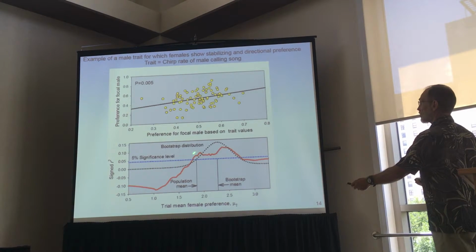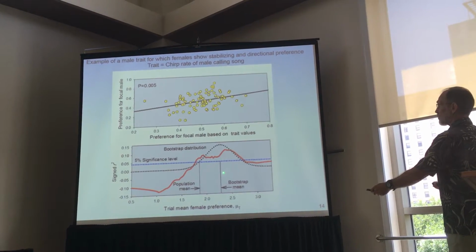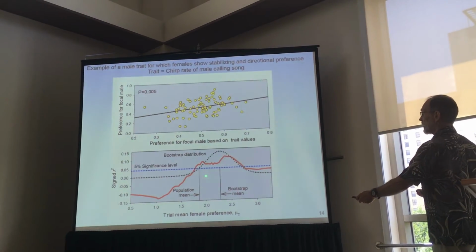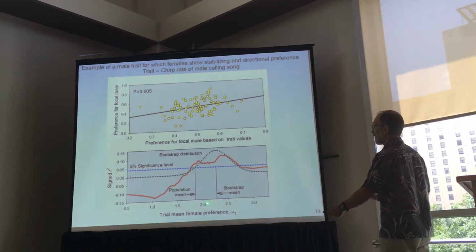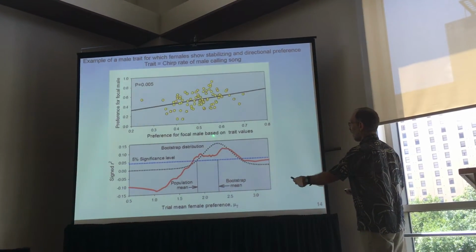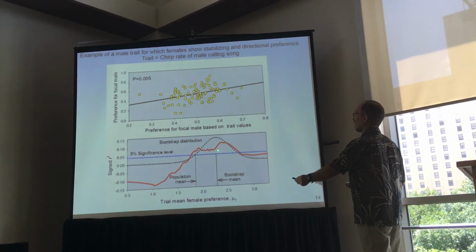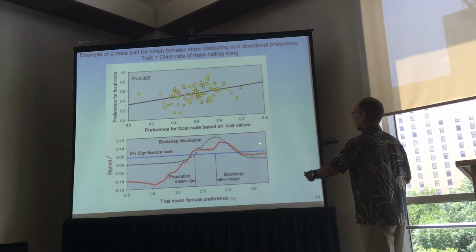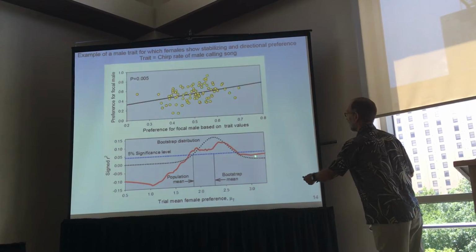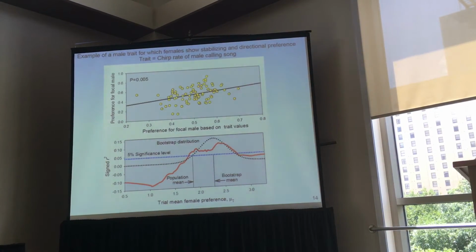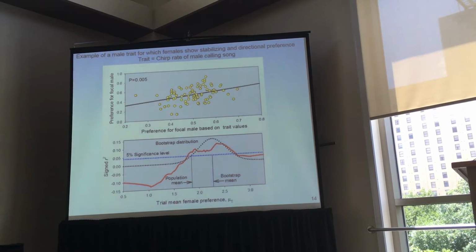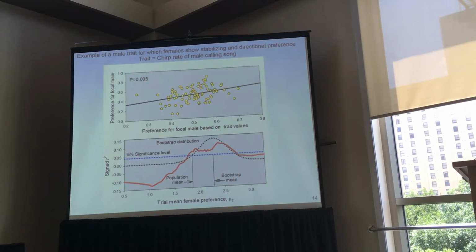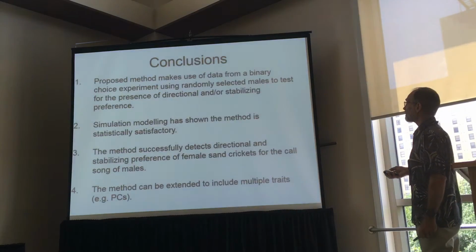This shows the bootstrap distribution. This is the bootstrap mean and the population mean. So females are preferring males that are higher than average, but not to the point where they're at this level. So we have both the stabilizing and directional preference operating at the same time.